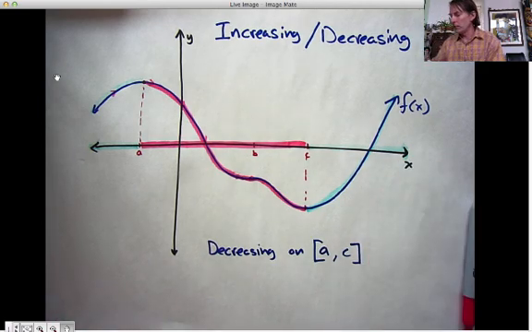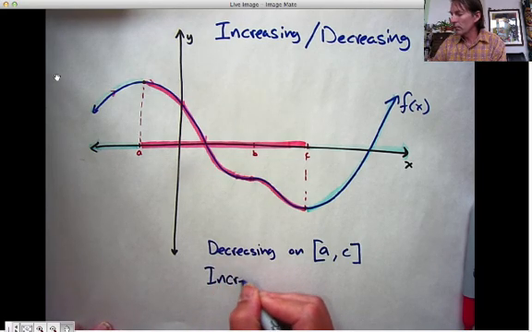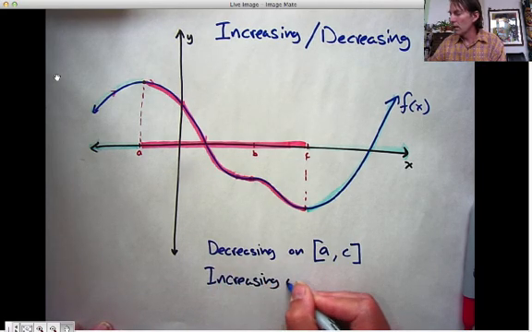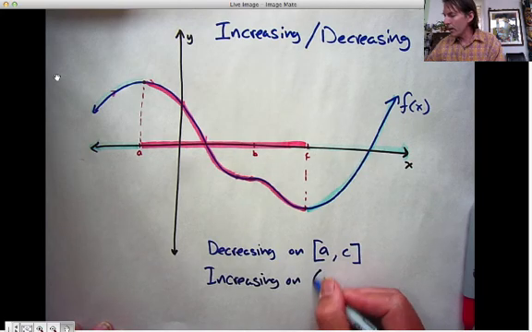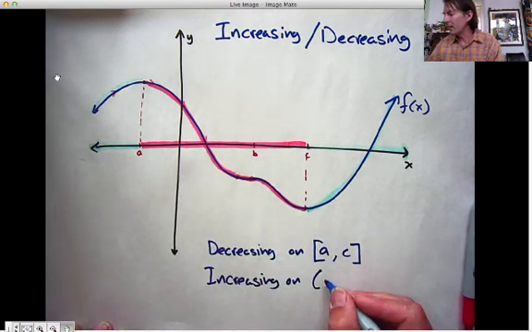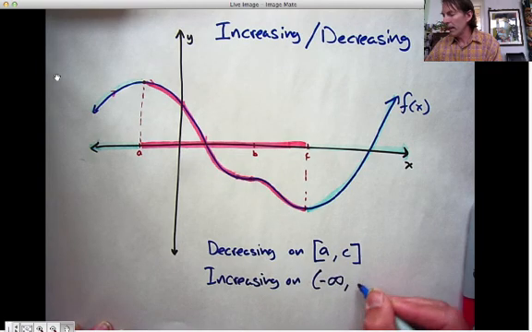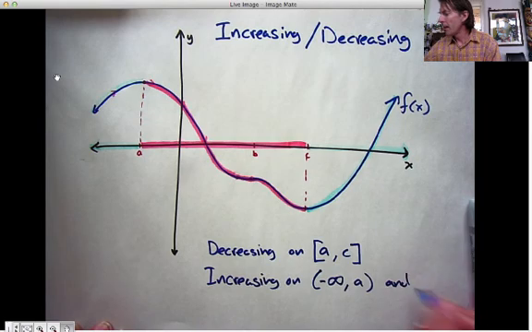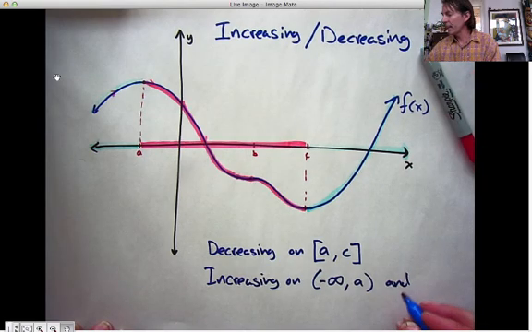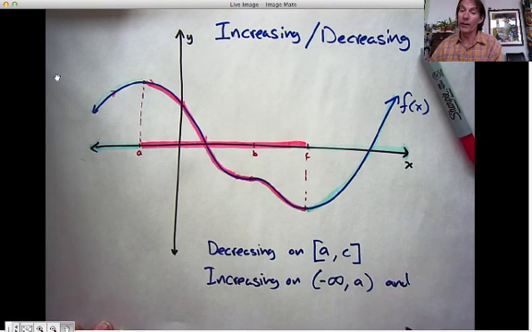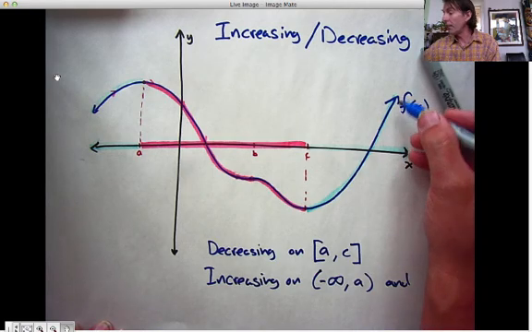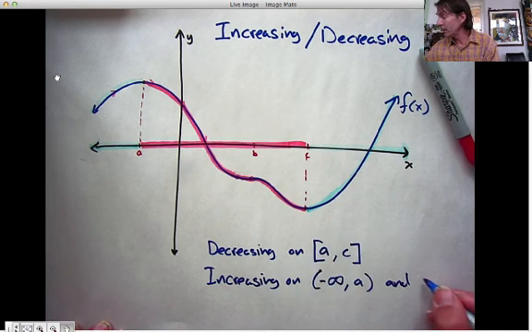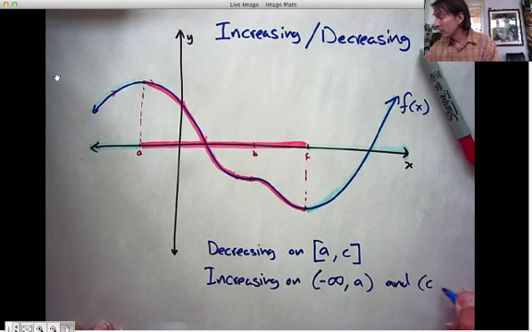So now I could write increasing on, and I'm going to put this first one here as negative infinity to A. I could use a closed bracket there, but either one is fine with me. You don't have to worry about that. And on this one right here, I'm going to start at C, and go all the way to infinity.